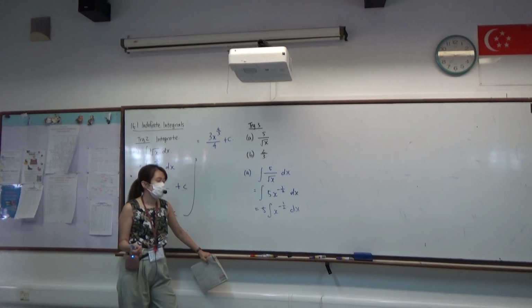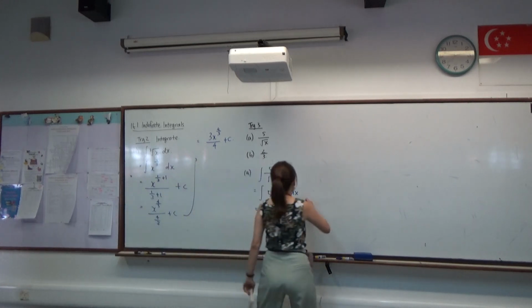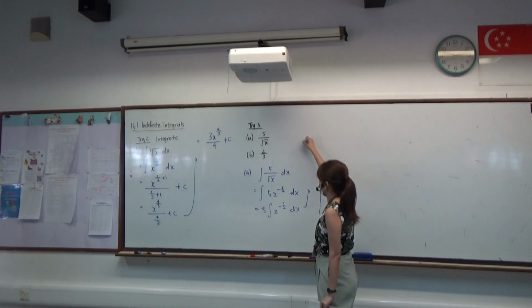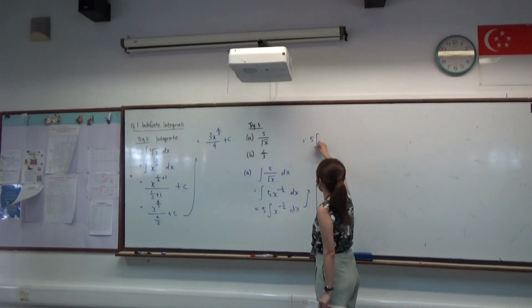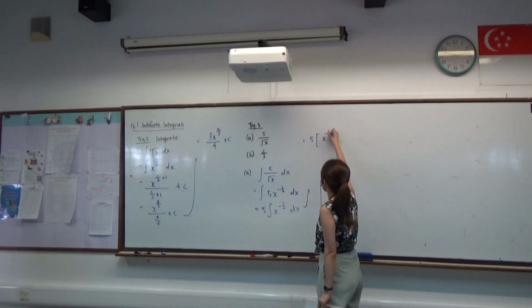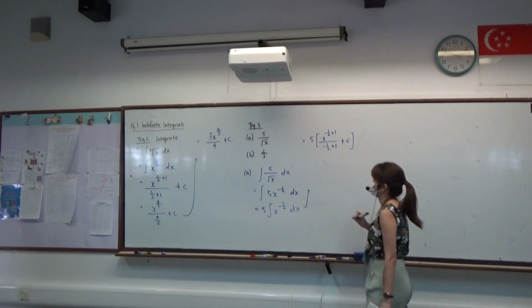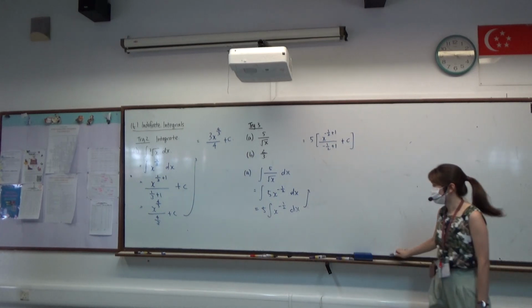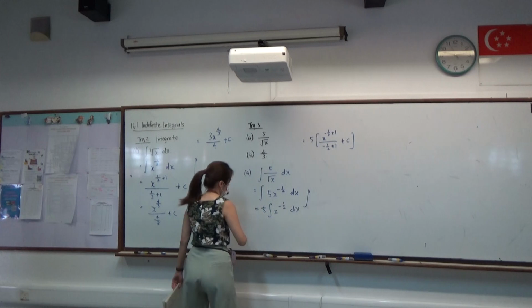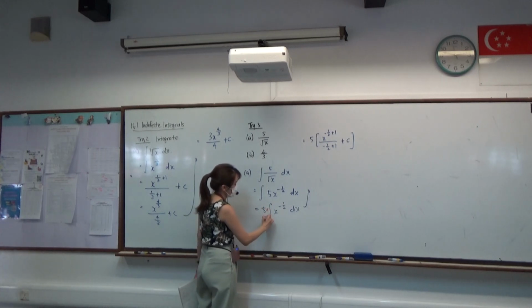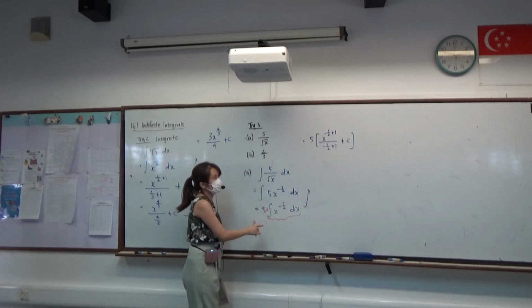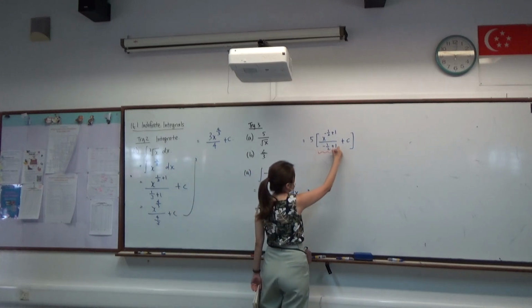And we will know how to go about doing that using our power rule, which is that we get 5 x to the power of negative half plus 1 over negative half plus 1 plus c. So this refers to 5 times the integration. So the integration here gives us this.